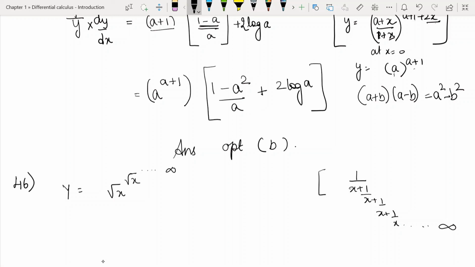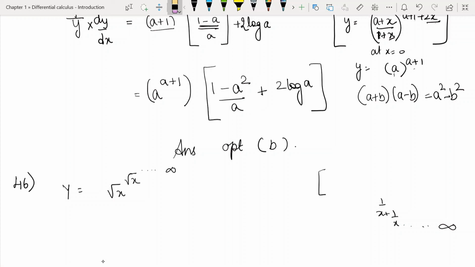So what this means is, suppose I eliminate this part, what happens? You're left with the same thing. Suppose I eliminate this part, you're left with the same thing.